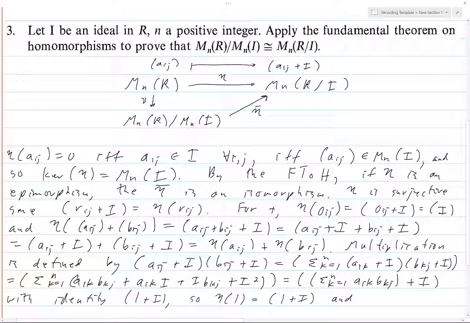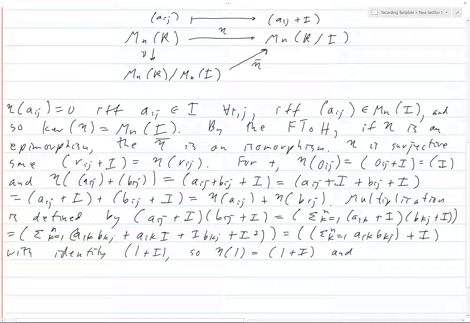And lastly, I don't want to scroll down past the picture, eta of (A_ij times B_ij) is eta of the sum from k equals 1 to n of A_ik B_kj, which is equal to the sum from k equals 1 to n of A_ik B_kj + I. Oh, but have we seen this before?